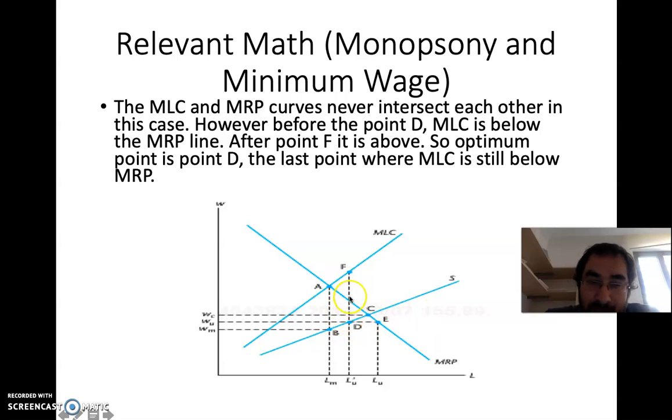However, the exploitation is decreased by the minimum wage in this case, and employment is increased from LM to LU.